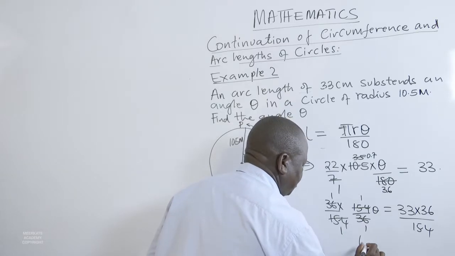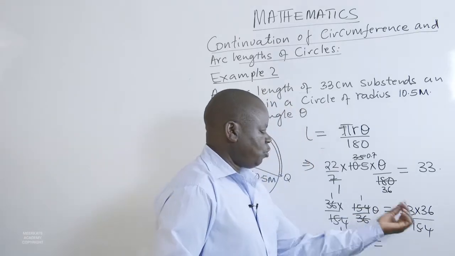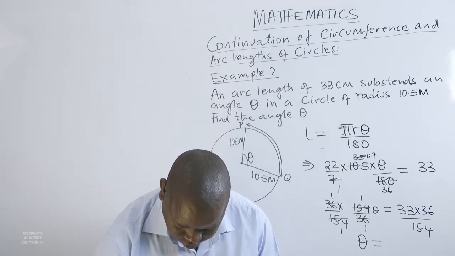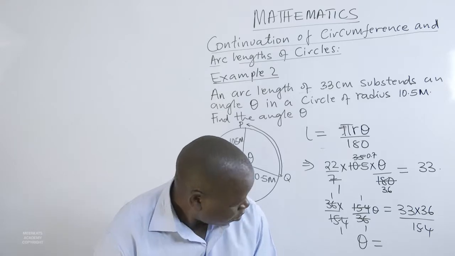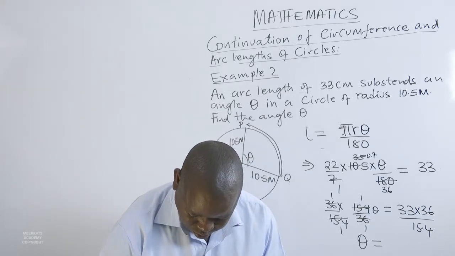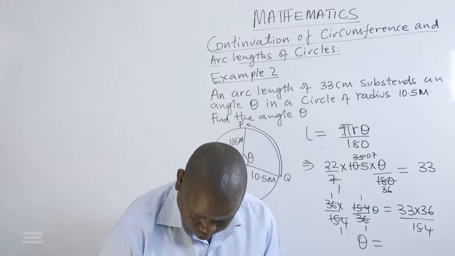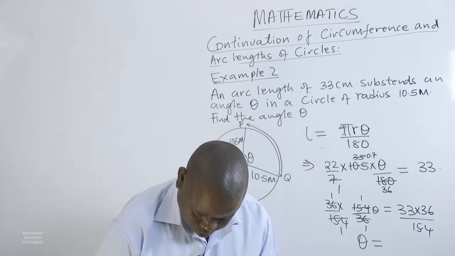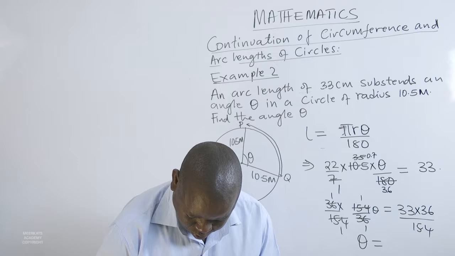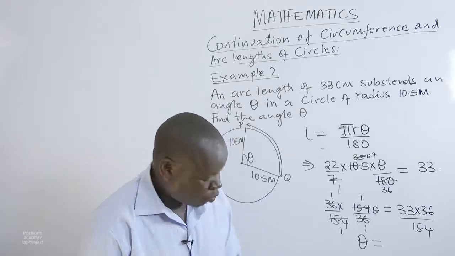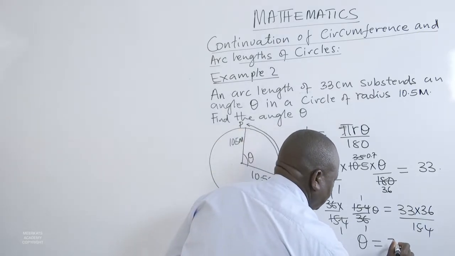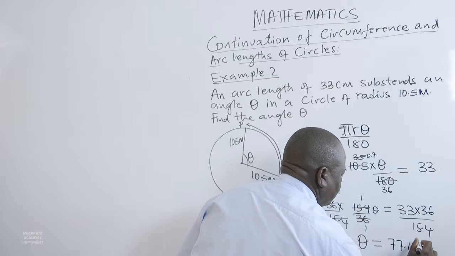So you get theta is equal to, you multiply that, so you get roughly the angle is 77.14 degrees.